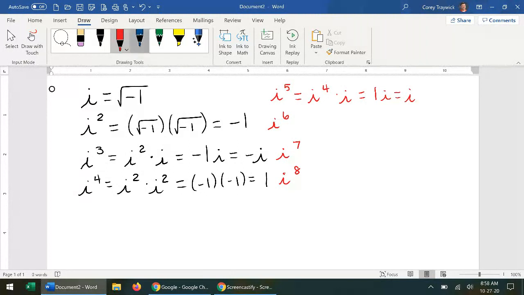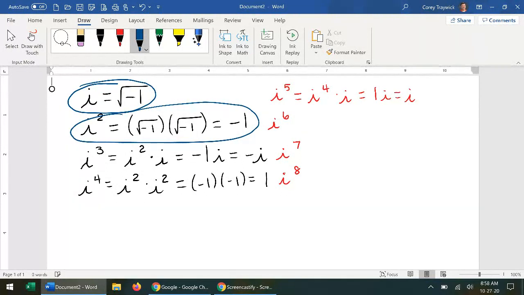Now remember, the two main ones that you need to know are i is the square root of -1, and that i squared equals -1. We're going to use that a bunch.